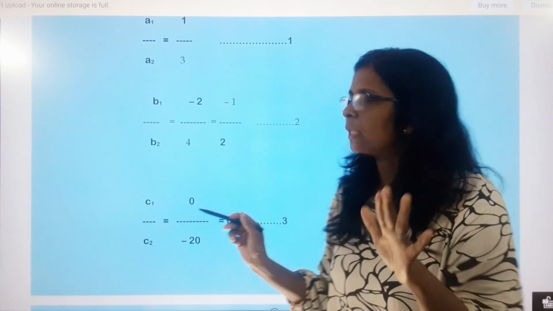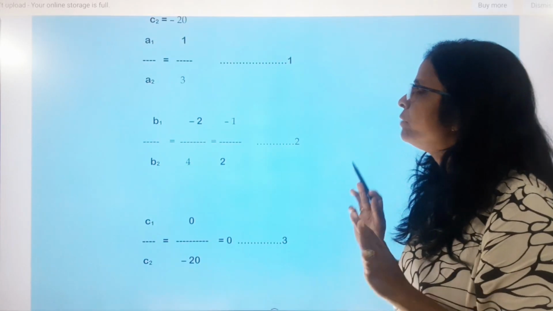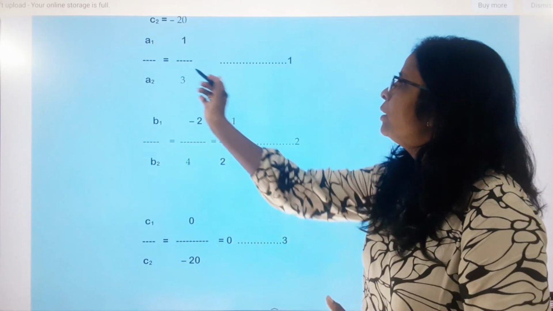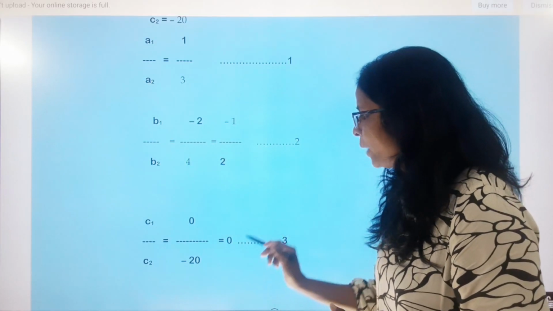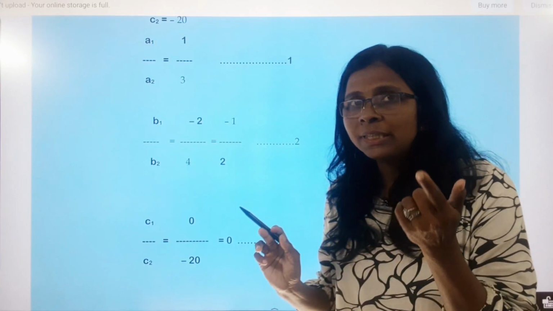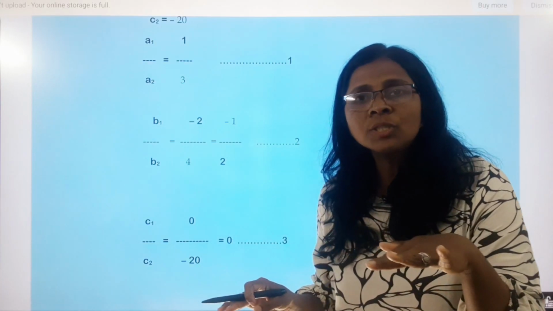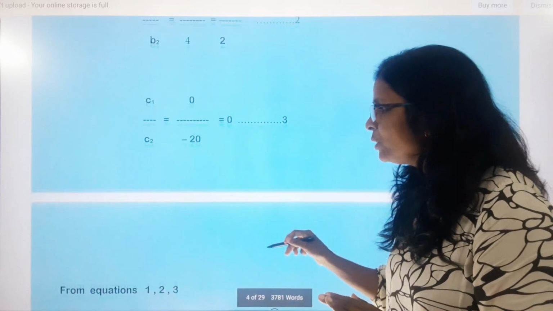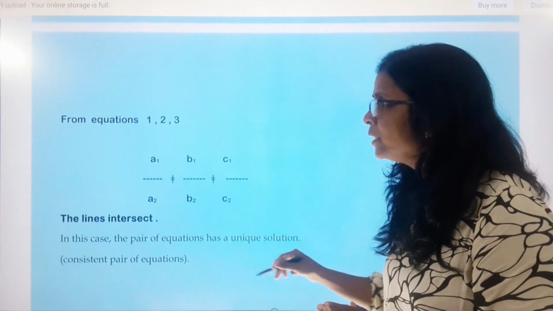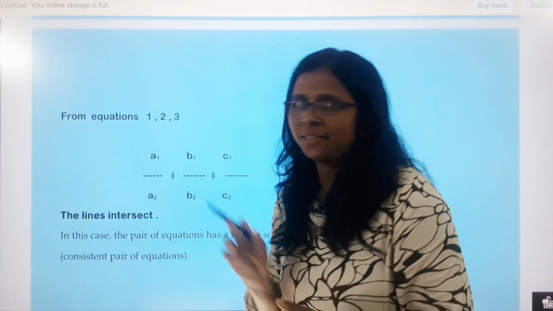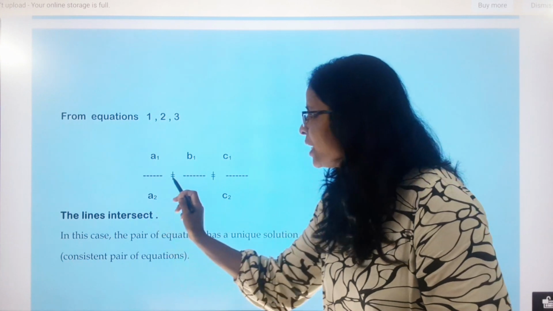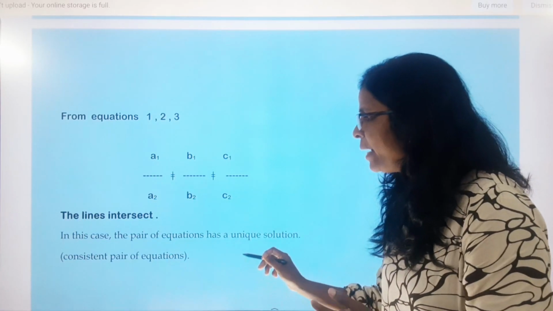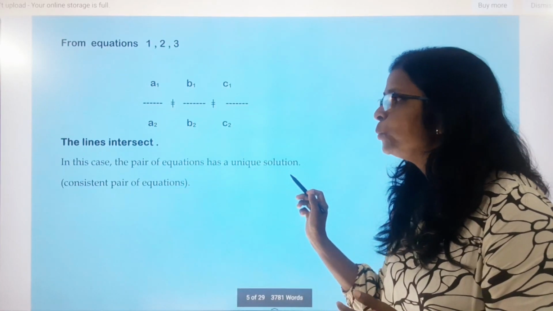Okay, so now observe carefully these three values. So here 1 upon 3, minus 1 upon 2 and 0. So we can observe that here the three ratios are different. The values of the three ratios are different. So that's why we can say that the lines intersect. In this case, the pair of equations has a unique solution.